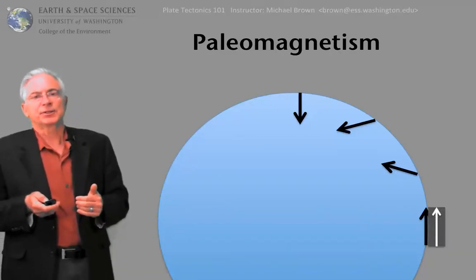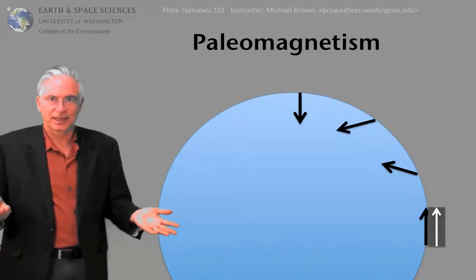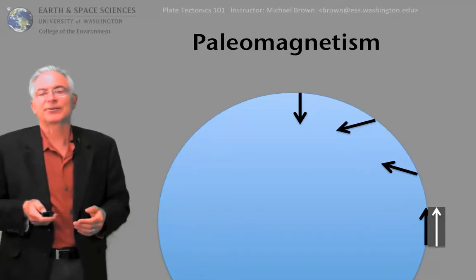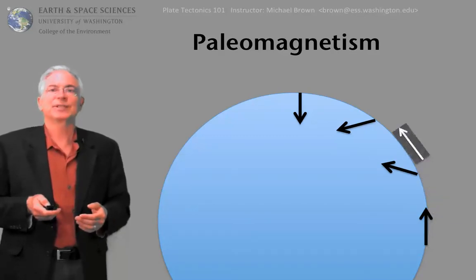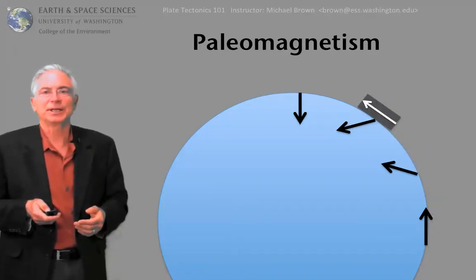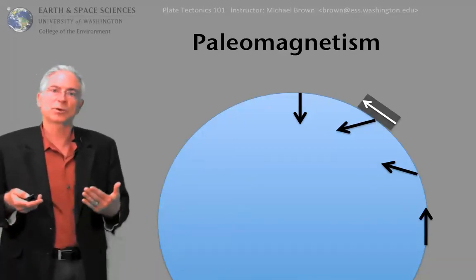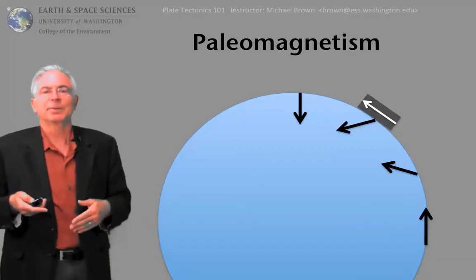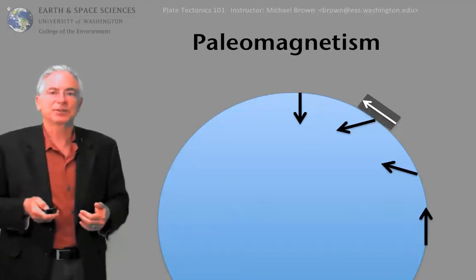If a rock is formed on the equator, it will have a magnetization that is horizontal. Now, if that rock were transported by drifting continents to somewhere in the northern hemisphere, you see the rock still has a horizontal magnetization, but it is now in a location where the magnetic field is dipping strongly.